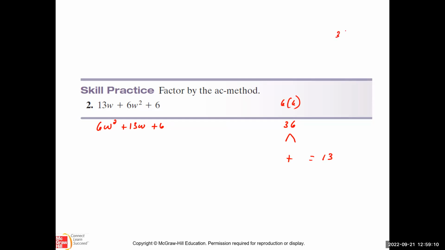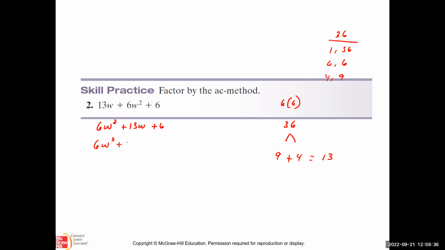And so for 36, I have 1 and 36, right? That's the first one that I have. I can also have 6 and 6, right? And so I can also have 4 and 9. So you can see that for the 4 and the 9, 4 times 9 is 36, 4 plus 9 is 13. So I'm going to list these out now.